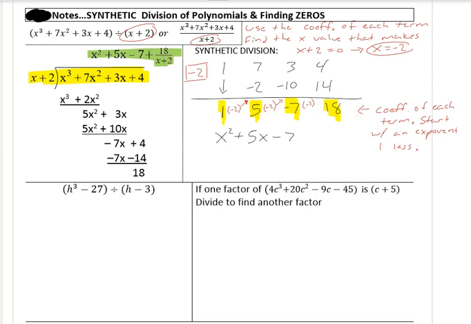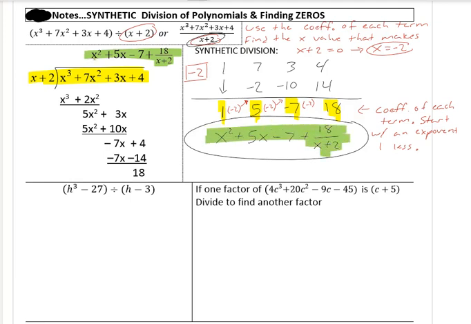Now this 18 is going to be the remainder, plus 18 over x plus 2, and this is my solution. Notice how this matches this one from up here. If the remainder was 0, we could try to go on and factor the remaining polynomial, but it isn't, so we stop there.